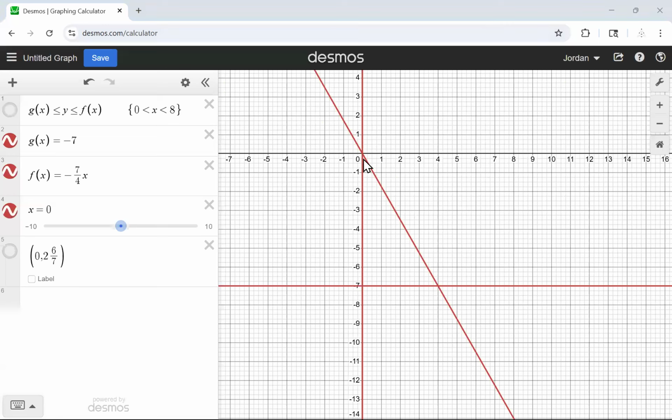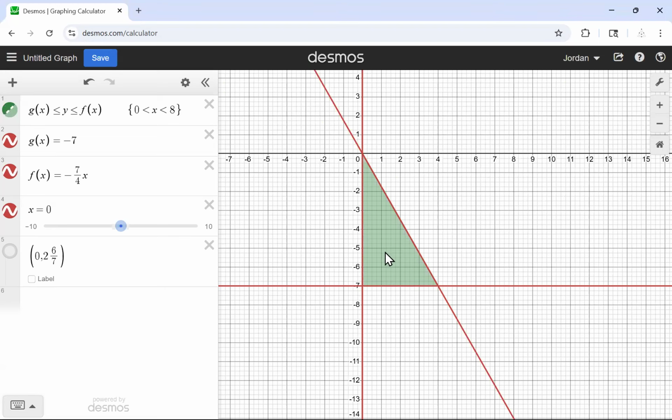When I graph these three, y equals -7/4 x is here, y equals -7 is here, and then x equals 0 is here. So this is the triangle. Notice on this triangle that y equals -7/4 x is on top, and y equals -7 is on bottom.